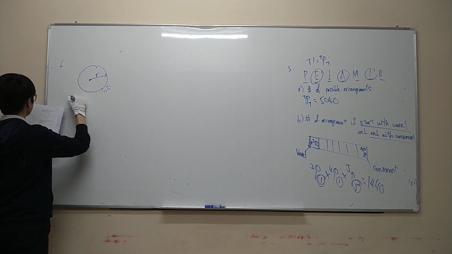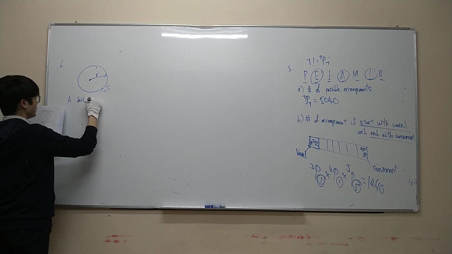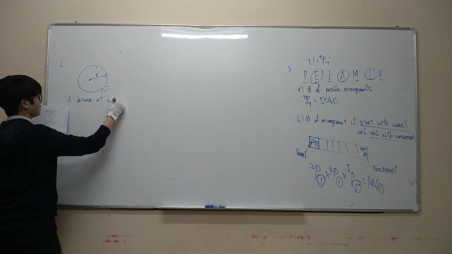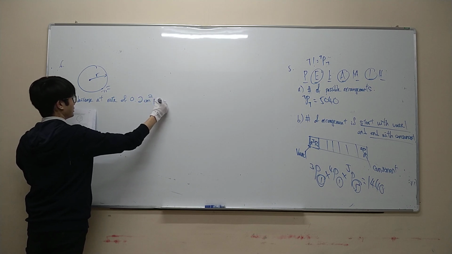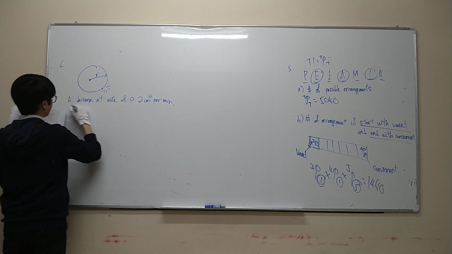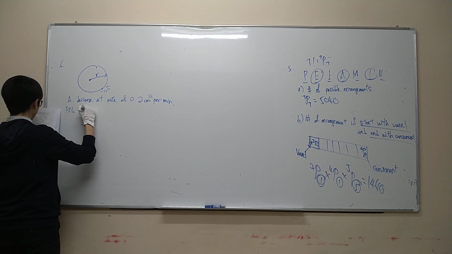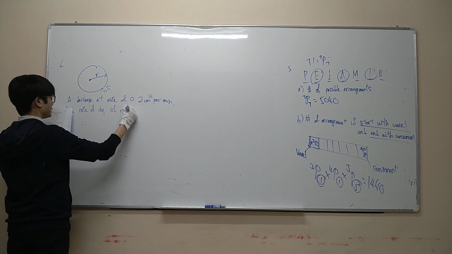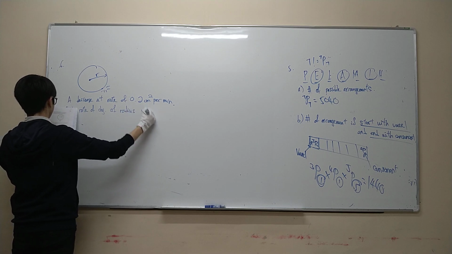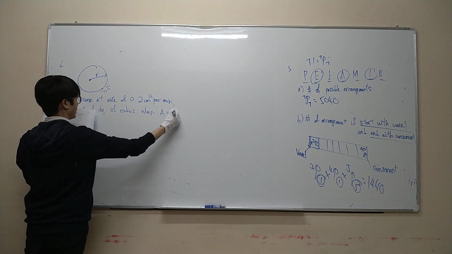I should just copy the question. So A decreases at the rate of 0.2 cm squared per minute. Find the rate of change of the radius when the area equals pi.